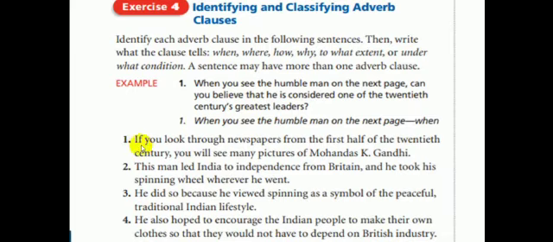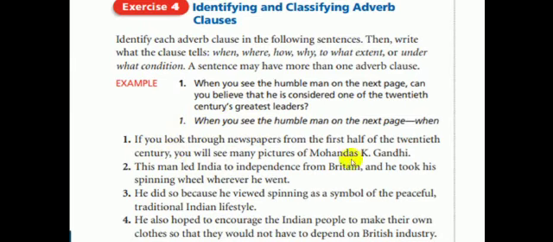Here we find it, if. So if through century, all this is the adverb clause. Do not forget that adverb clause is a dependent or subordinate clause. And if we start this complex sentence with the dependent clause, then we must add a comma.